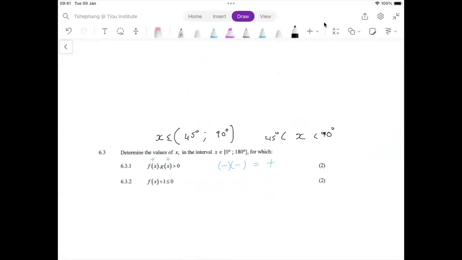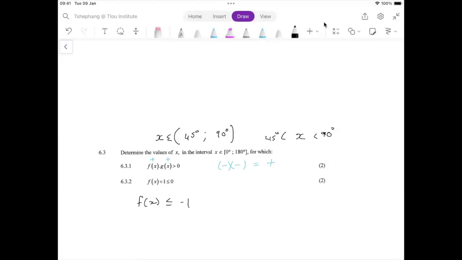Now, f of x plus 1 is less than or equal to 0. Let's try to clean this up, because when it's like that, it's a little bit difficult to deal with. So we will say f of x is less than or equal to minus 1. All we did is we took the 1 to the right-hand side.